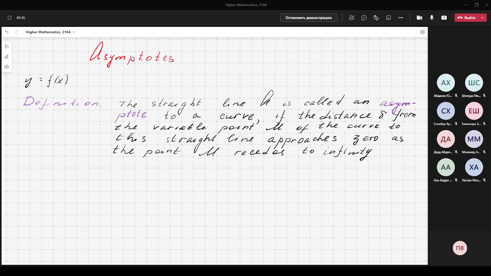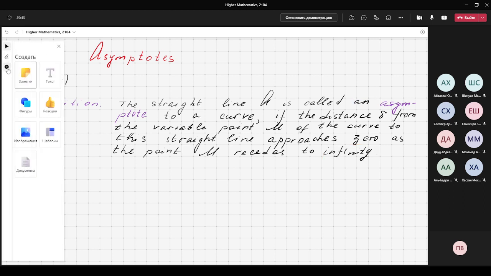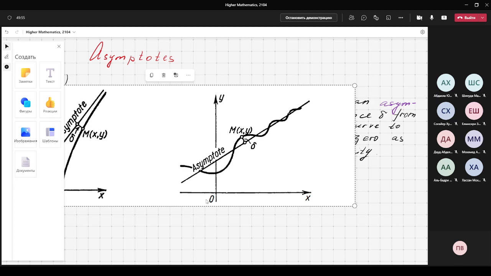We can illustrate this definition in these pictures.